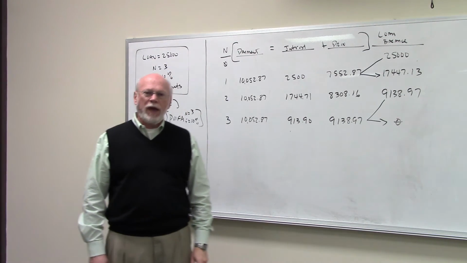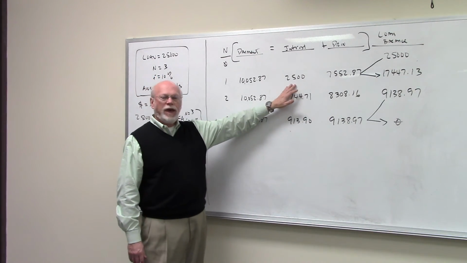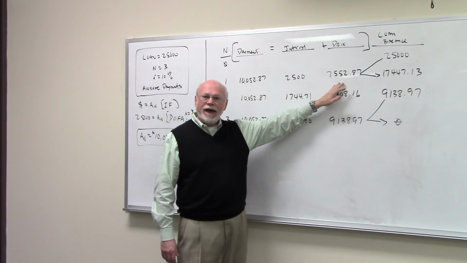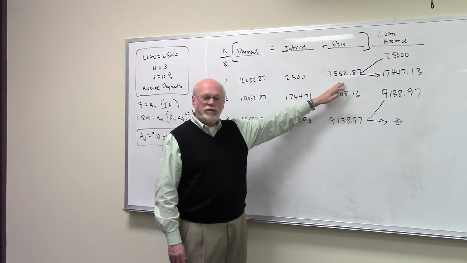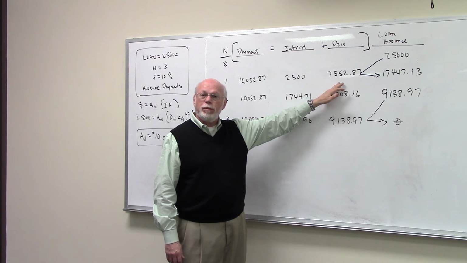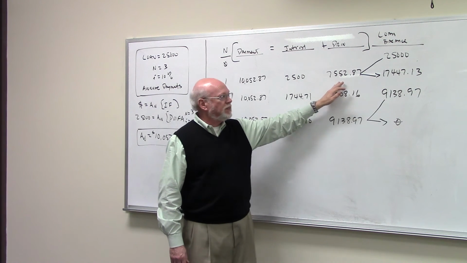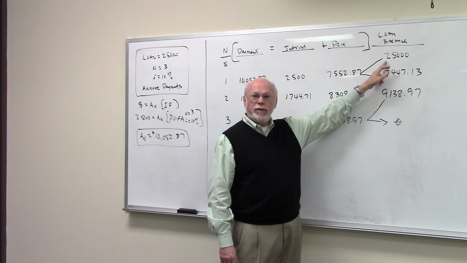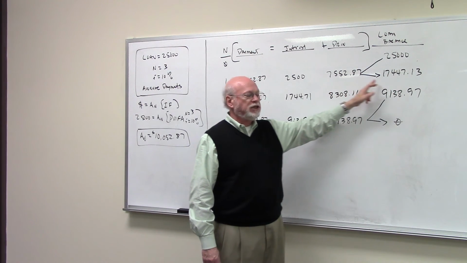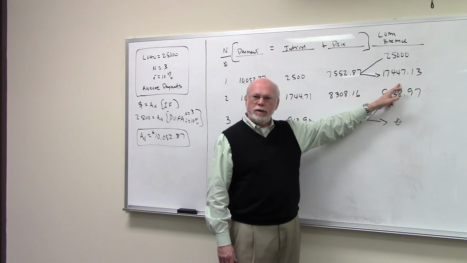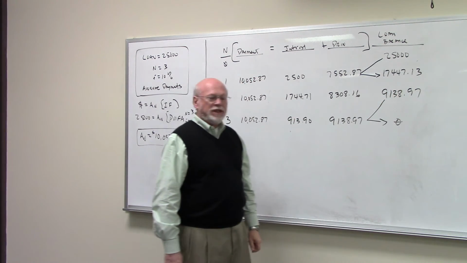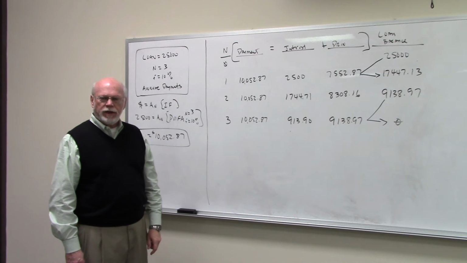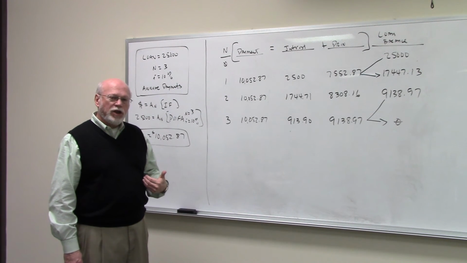So with the first payment, we paid the bank $2,500 for use of their money, and we paid back $7,552.87 of the money we borrowed. That means the loan balance after the first payment is going to be the beginning loan balance minus the principal portion of the first payment. It turns out to be $17,447.13.